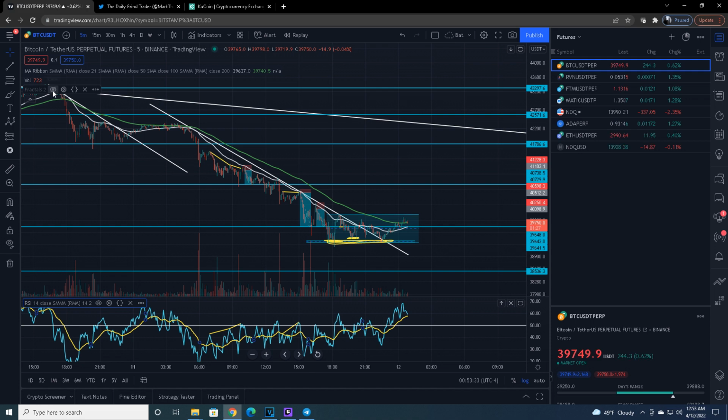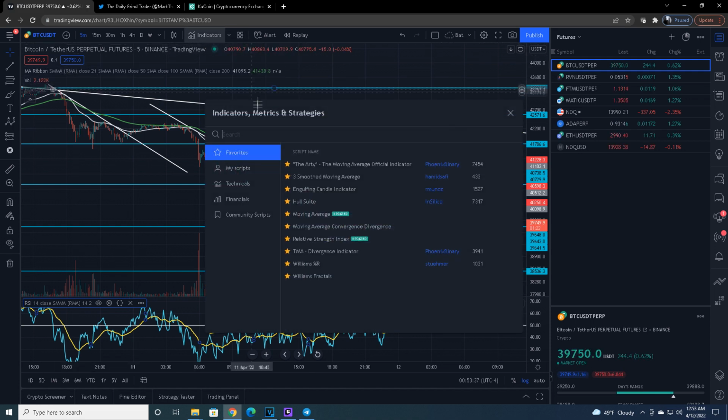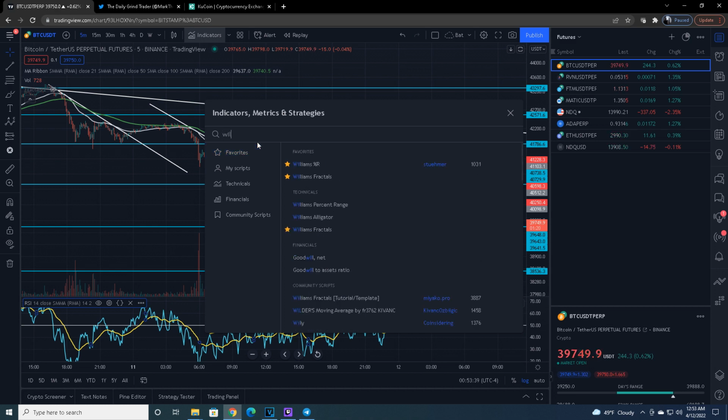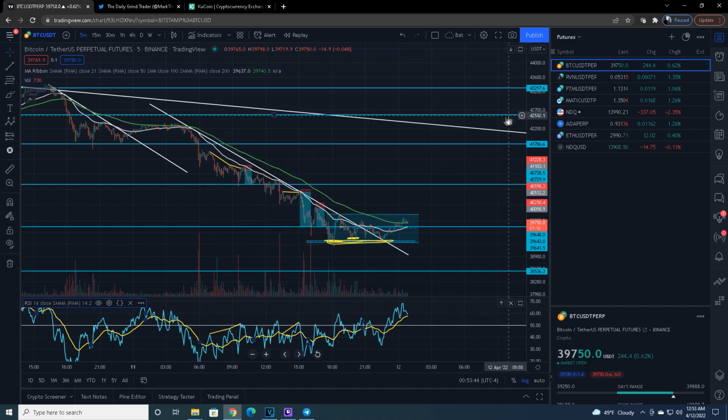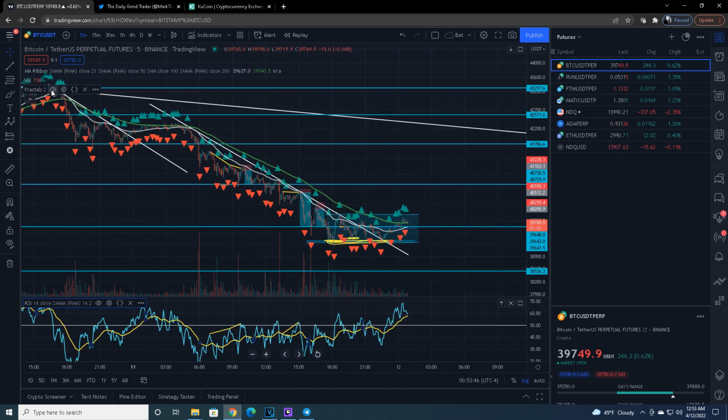Fractals, Williams Fractals, and you can search these if you search on indicators. Williams Fractals right there. And when I open this up, you'll see the arrows, the green above and the red below. I hate that. I flip it because I want my red above, because when I have a high fractal, I want to sell.